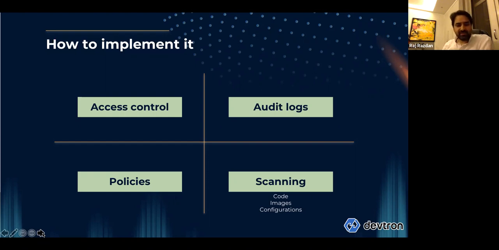You can define as many complex policies as needed depending on the business use case, the environment that you're controlling, the country that you're operating in, and especially on-prem Kubernetes, etc., where the data needs to be on-prem, or some part of the data can be on the cloud. All of those policies can be done. And then, of course, there is the whole scanning feature right at the code, images, configurations, etc.